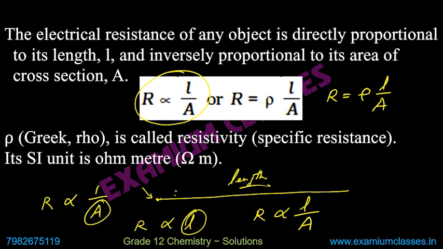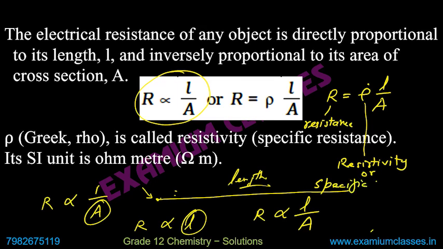So here this rho is the proportionality constant, which is known as resistivity. There is a difference: this is resistance, and rho is resistivity or specific resistance. So here also resistance will come into the picture, but a specific term will be there.